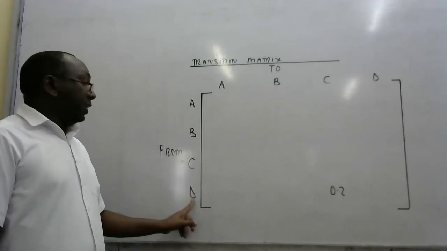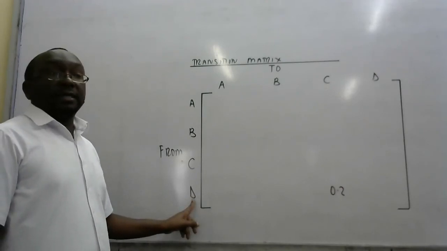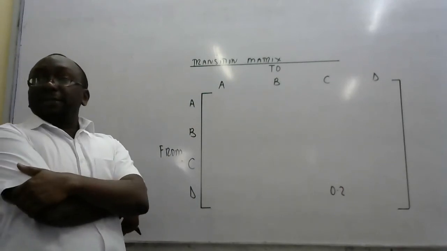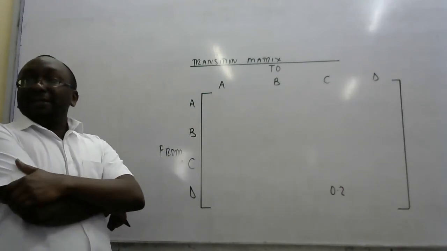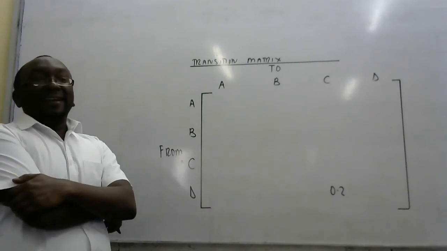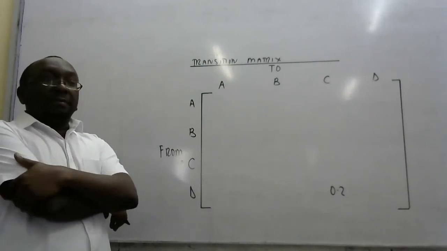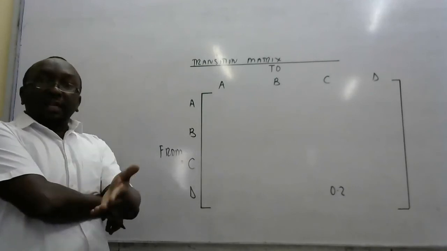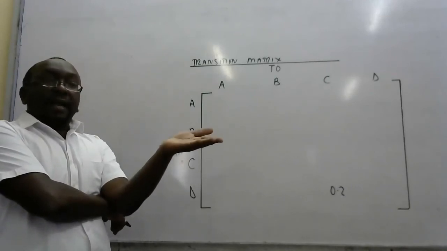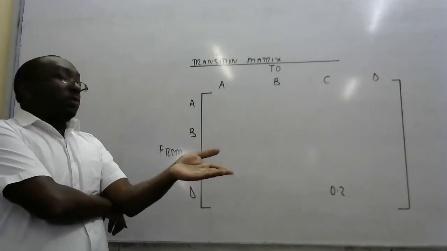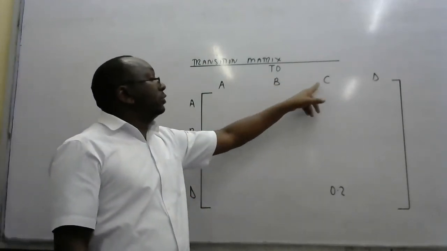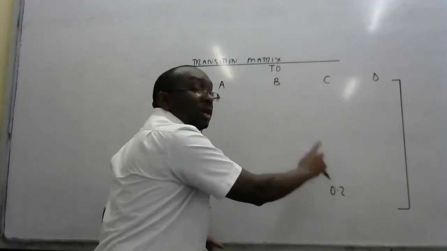Wale wametoka kwa D wakaenda C. Unaelewa hiyo concept? Hapo. Wewe ukitoka hapa sec 2 unaenda wapi? Si sec 3. Yes. So mwenye ako D anaenda the next class which is C. So we are arguing from D you go to C. 20%.